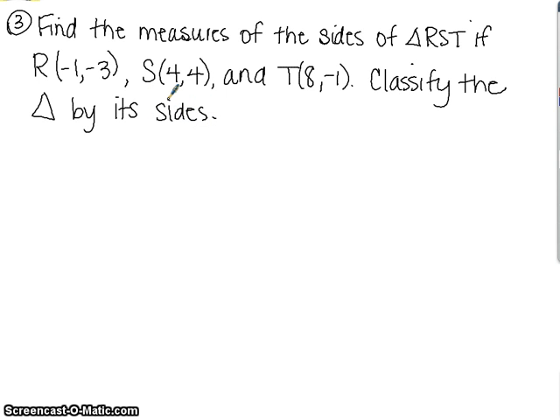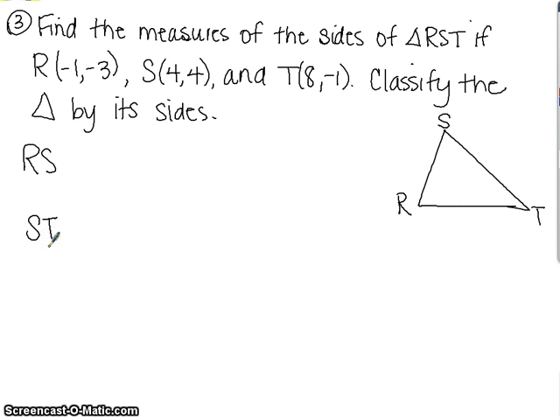Okay. So maybe to figure out what sides we're talking about, maybe it would help. I have no idea what kind of triangle this is. I don't know until I figure out these lengths here. So I have a side RS, and I have a side ST, and I have a side RT. Those are the three sides that I need to find. We're going to use the distance formula to do so. Let's go ahead and start plugging away.